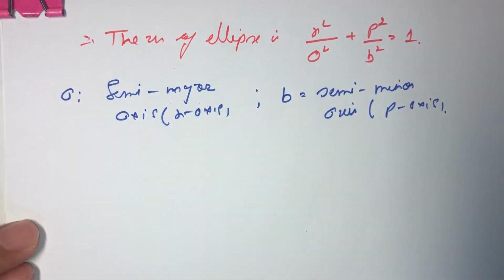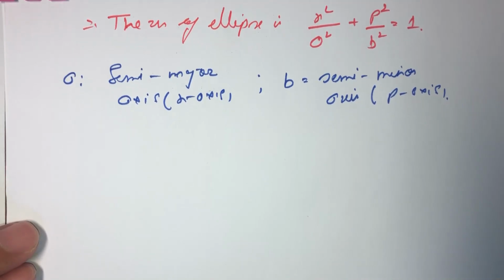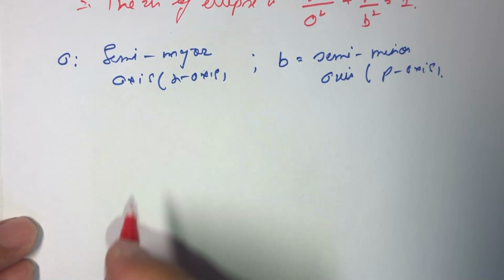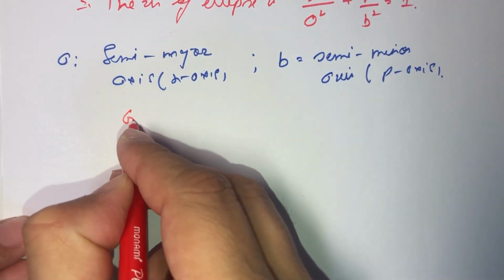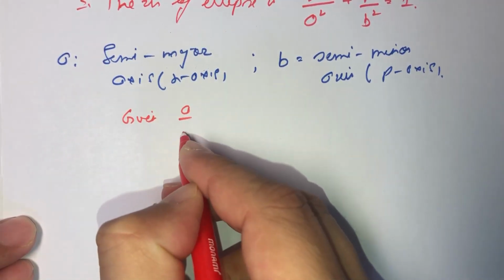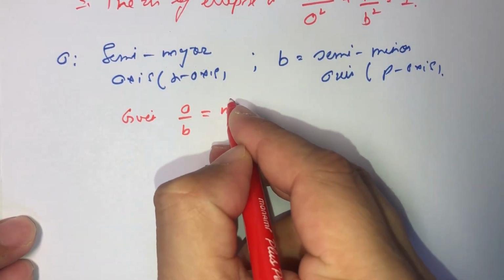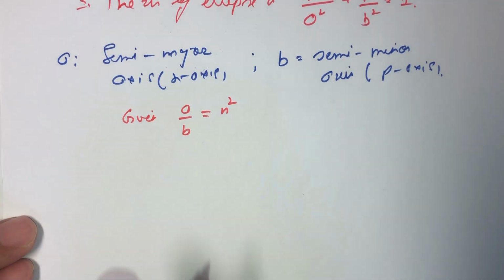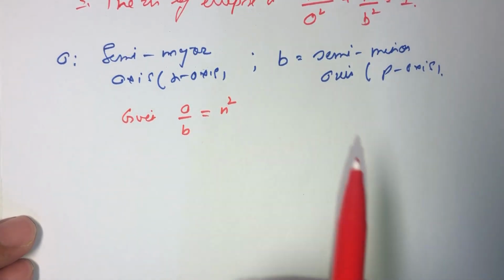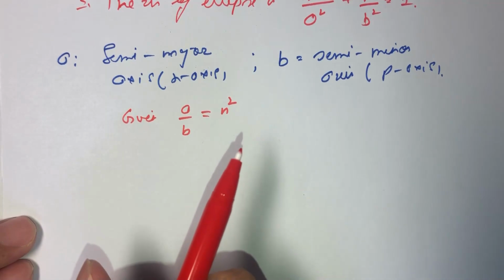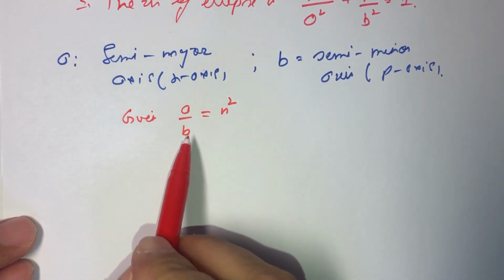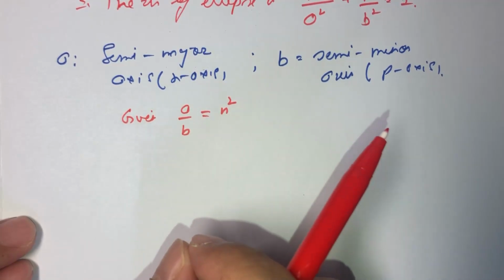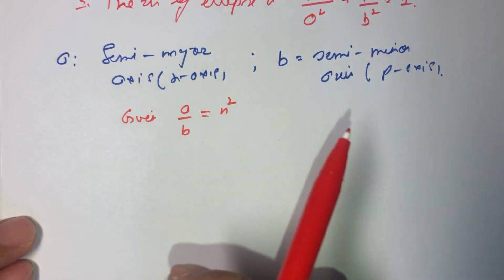And it is also given that a upon b is equal to n square. So from here we can draw a conclusion that the ellipse is stretched more in x direction as compared to p direction.